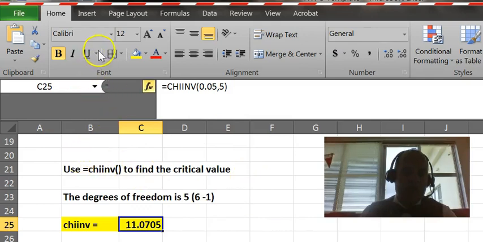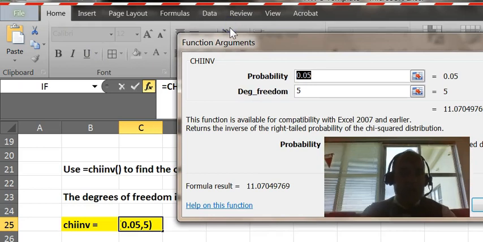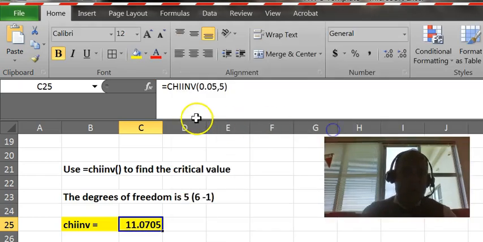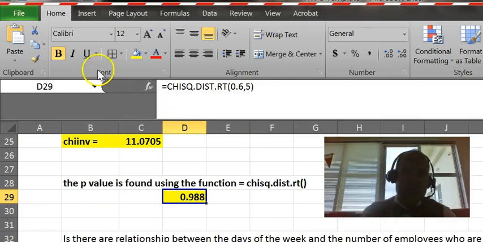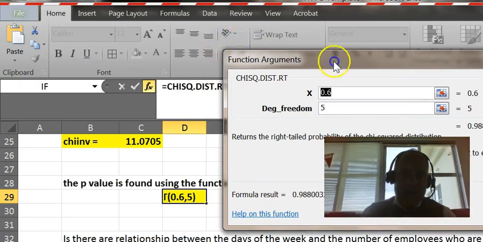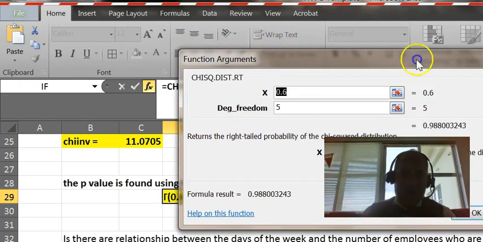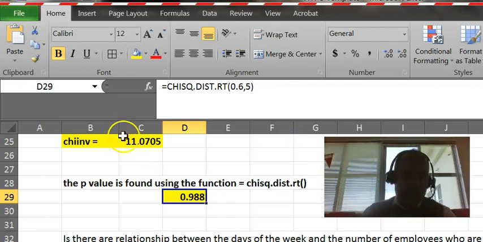You just plug this into the CHISQ.INV function. This is generic information, so your probability is 0.05. You're assuming that because it's not given in the problem. There are 5 degrees of freedom. Boom, you get 11.075. For the p-value, the CHISQ.DIST.RT function, you just take your calculated chi-square value, which I showed you is the sum of those values, and your degrees of freedom, and it automatically tells you what your p-value is.